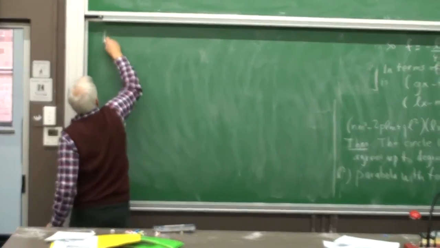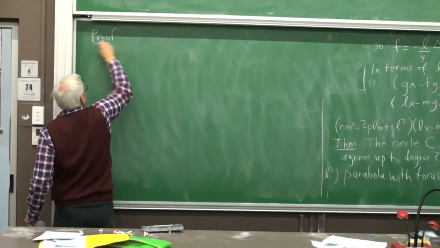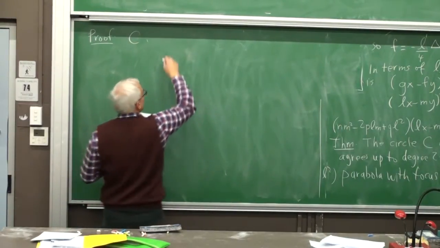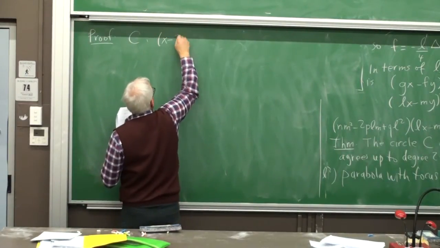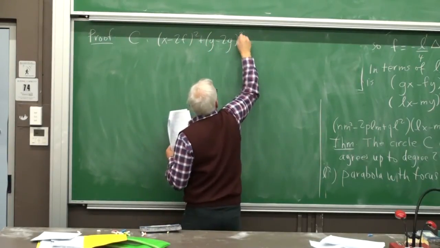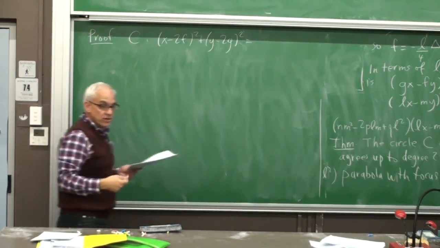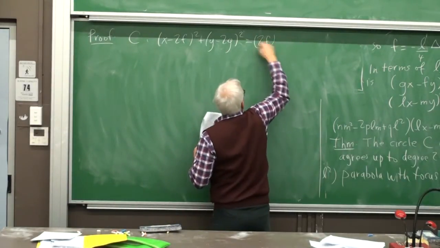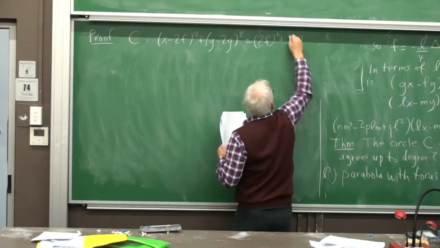All right, so the proof. Well, the circle C has equation what? It's centered at (2f, 2g), so its equation is (x minus 2f) squared plus (y minus 2g) squared, and it also goes through the origin, so its quadrance is (2f) squared plus (2g) squared.